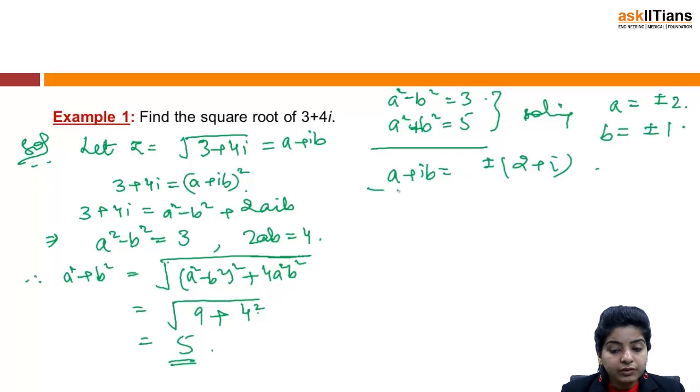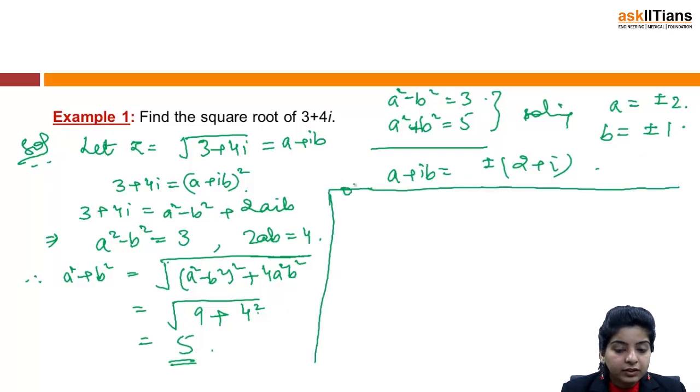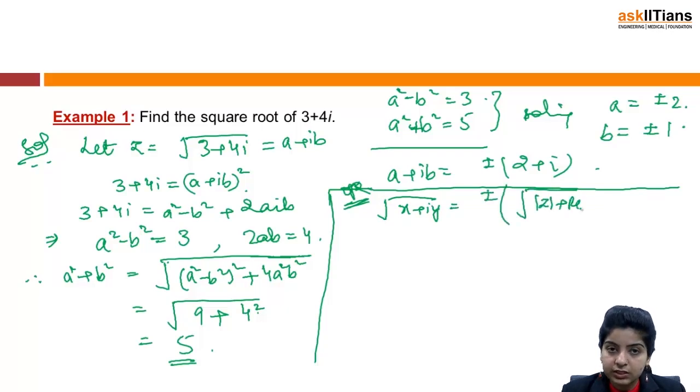Or what you can do, if you want to save time, is another method, which is simply the application of the formula that we have discussed just now. The formula that we had was that under root of x plus iy is plus minus under root of (mod z plus real z)/2 plus iota times under root of (mod z minus real z)/2.